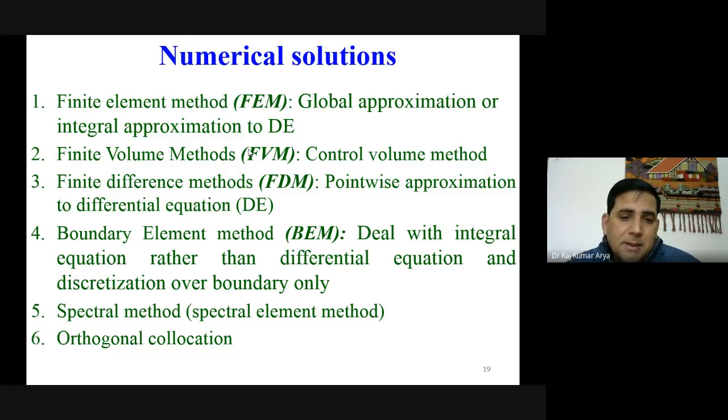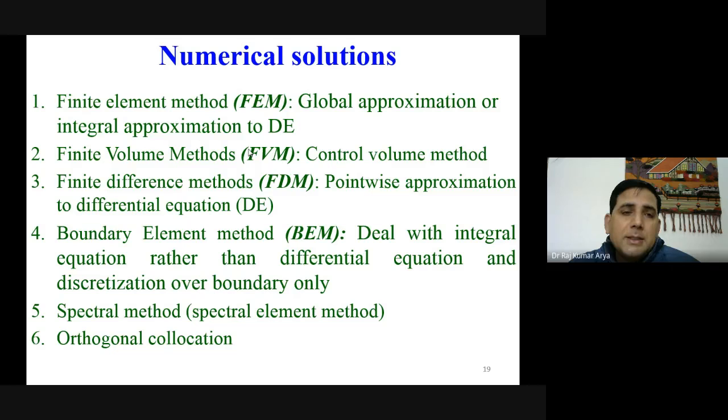The spectral method is another one, and orthogonal collocation, which people also use. This works faster with less computational time. There are collocation codes which can generate the points, you solve your equation only on those points, and then your answer would be accurate.